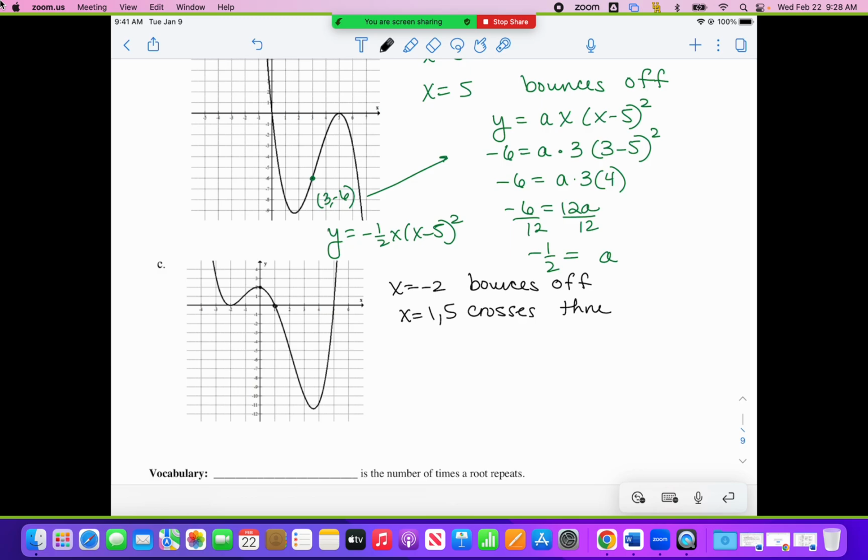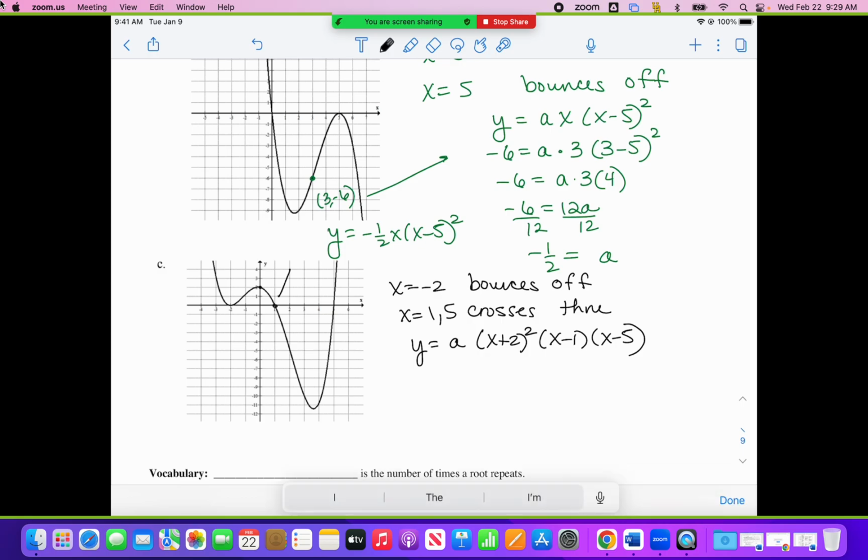Even. And is it a positive leading coefficient or negative? Positive, because it's up. So I'm getting y equals a, the quantity, x plus 2 squared, x minus 1, x minus 5. Stop and check yourself. x squared times x times x, that's degree 4. That's what I should anticipate.